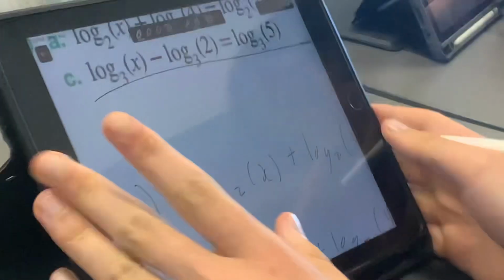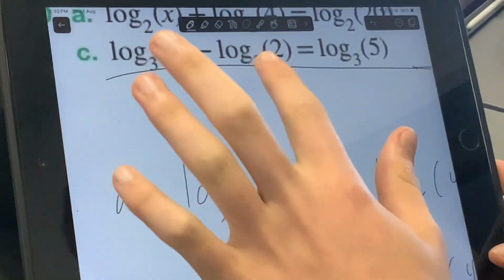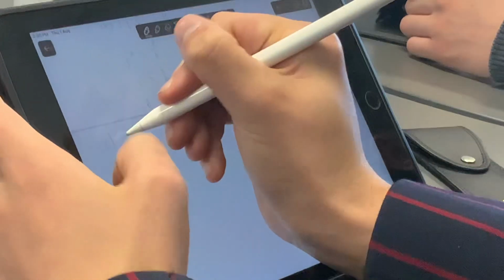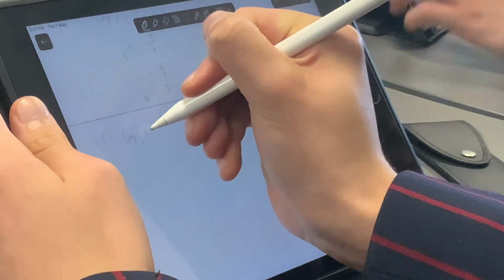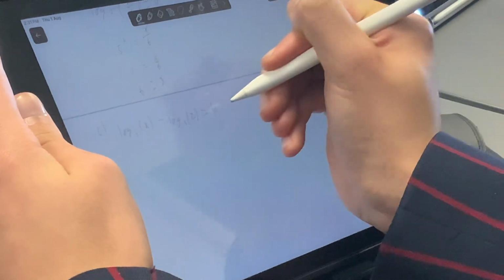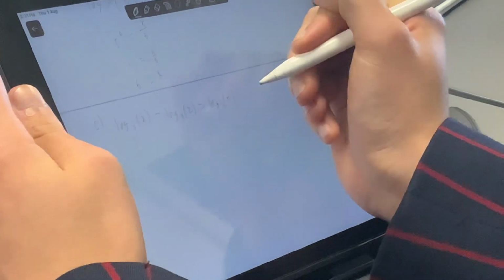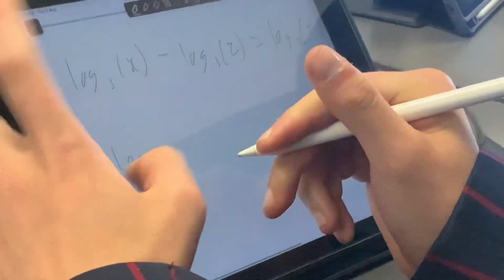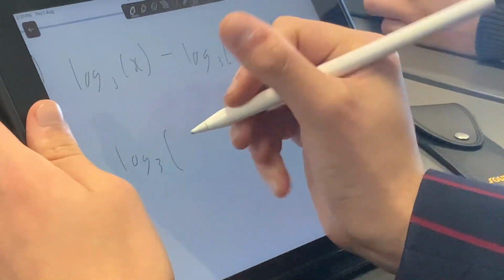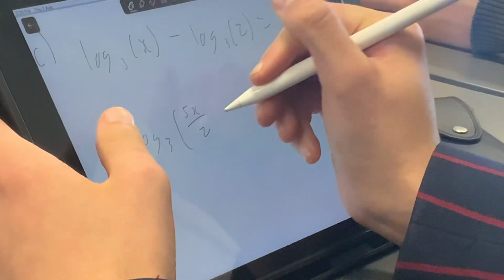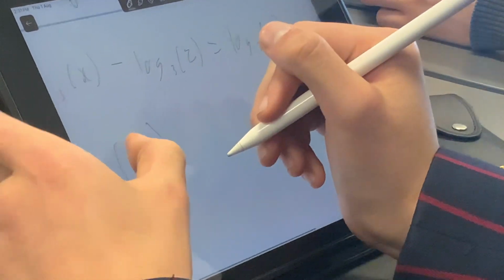Third question. Log 3 x minus log 3 2 is log 3 5. It's the same question. Since it's literally the exact same thing, I'm going to skip a step, so 5x over 2.